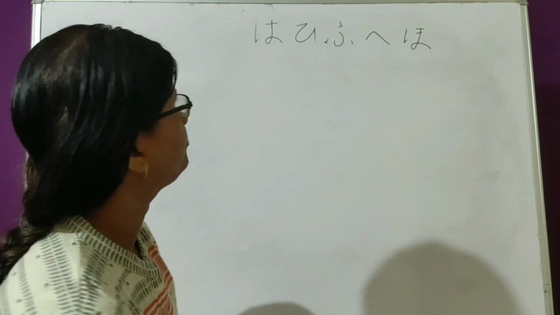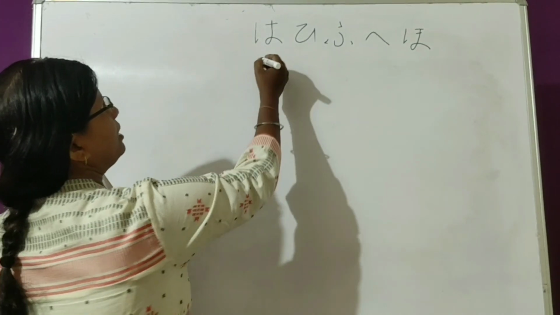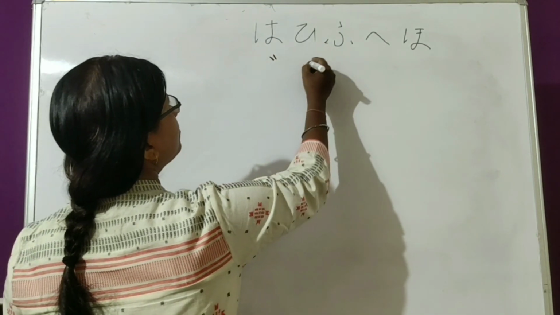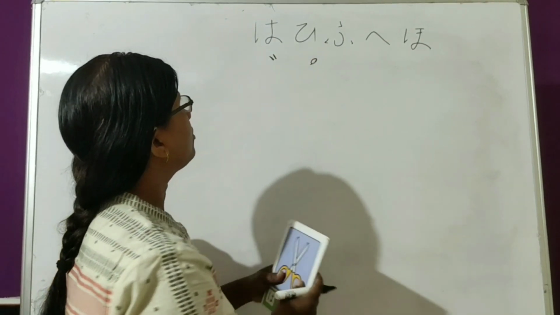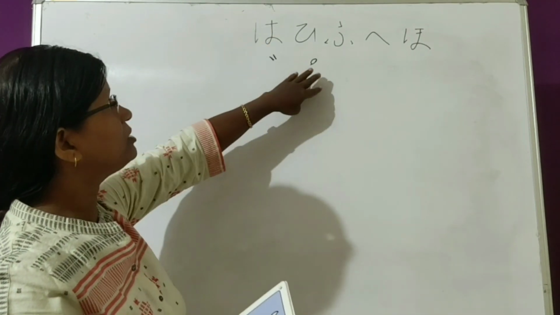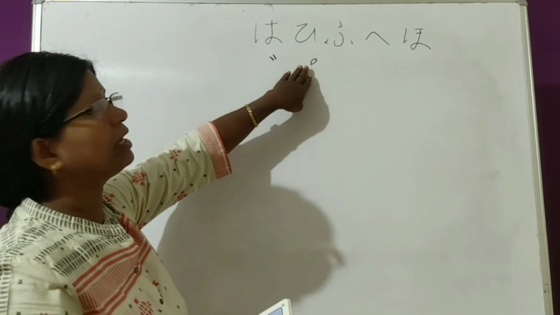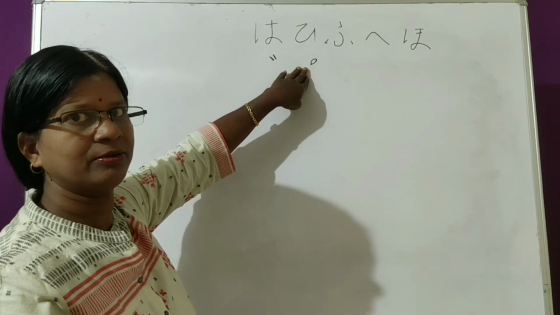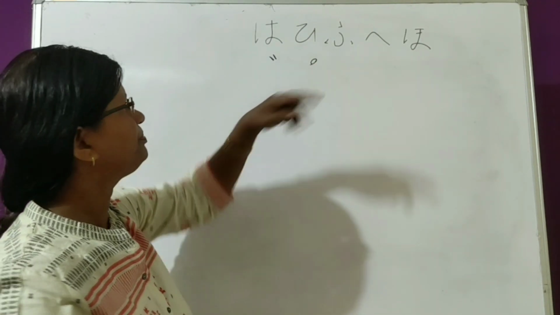Okay. This is the voice mark we learn. Along with this, we learn this voice mark also in this row. And this is the only row where we can implement this voice mark in Hiragana and also Katakana.